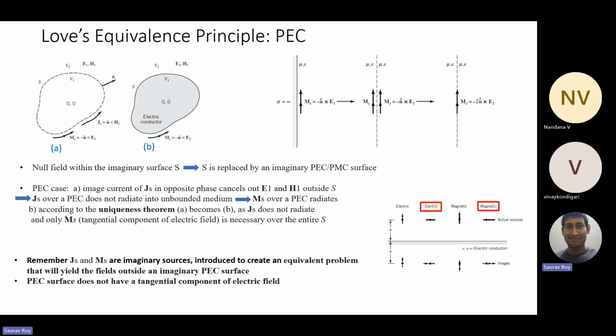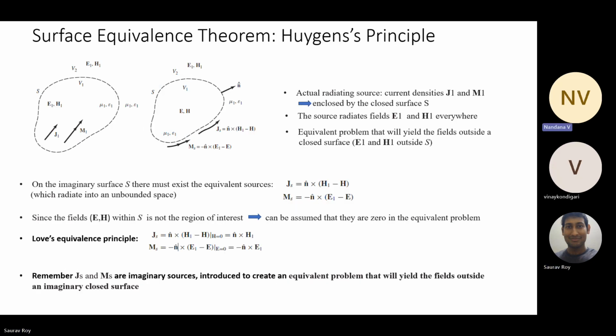That is what I told you, right? n cross means it is the cross product. n is the outer normal. If you take the cross product of this normal with the electric or magnetic field value, the cross product will give you what component?